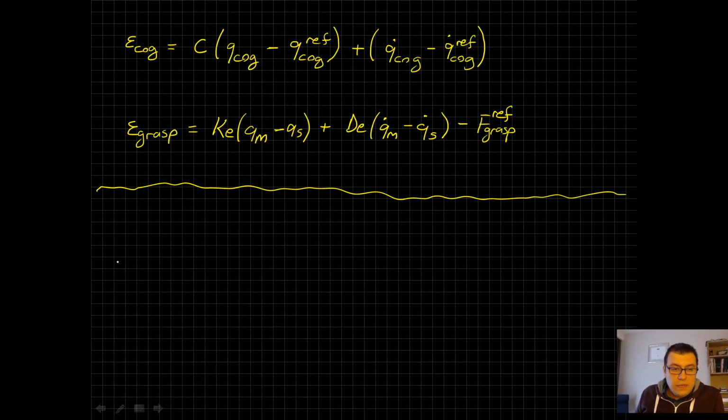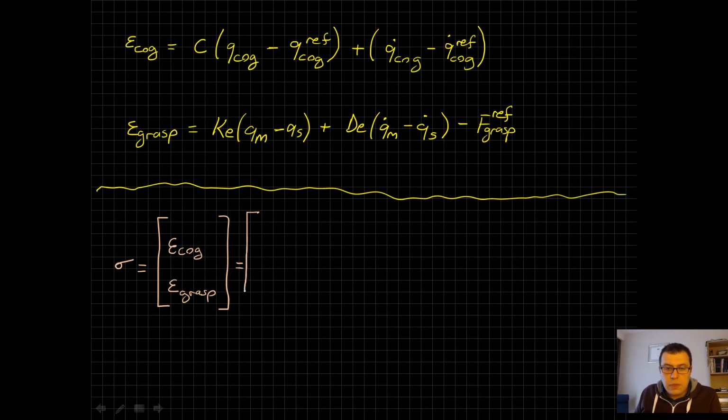So let's define it as a vector of errors. Sigma is equal to, I can write here E COG, E grasp as a column vector of errors, and the content of those can be written here.